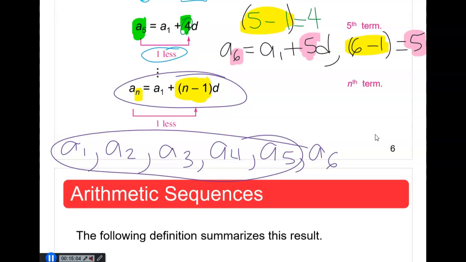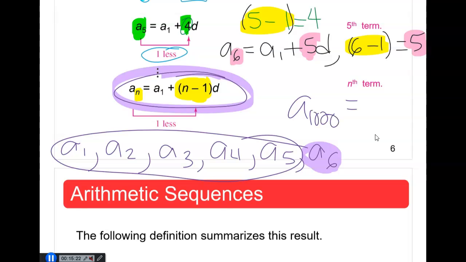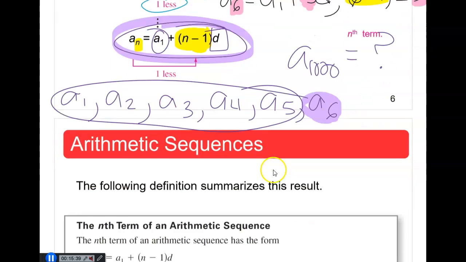But now with the formula that we are learning here, we're going to be able to just find any term. It could be the sixth term, or the question could even be, what is the thousandth term? As long as we know the first term and the common difference, we will be able to find that term without finding all the terms before that particular term.